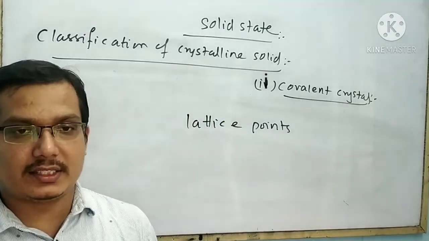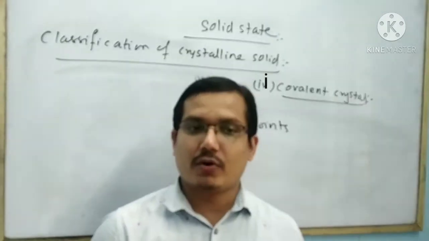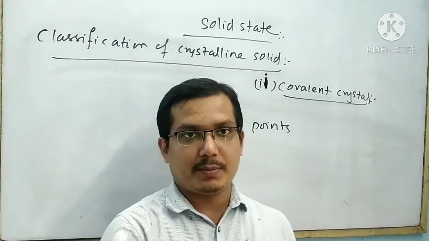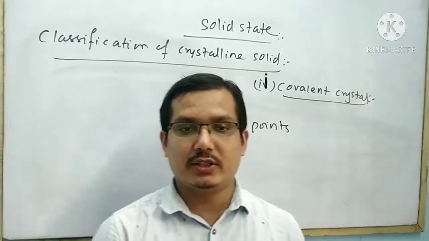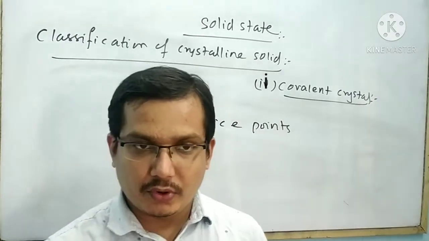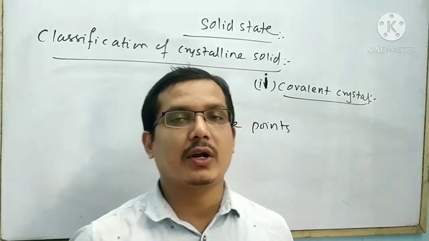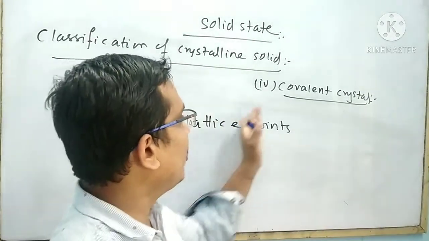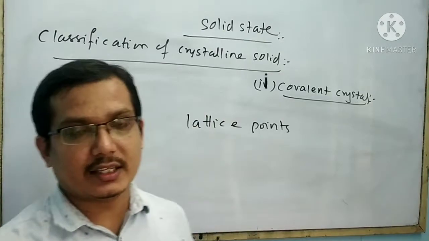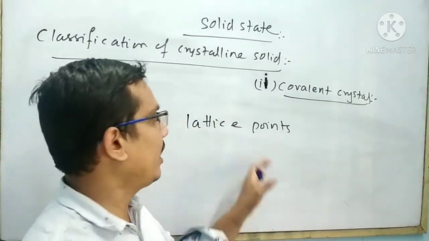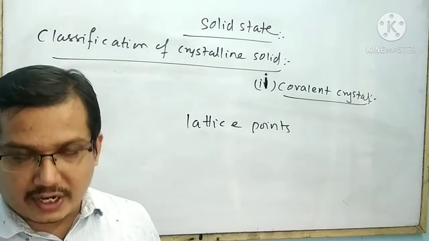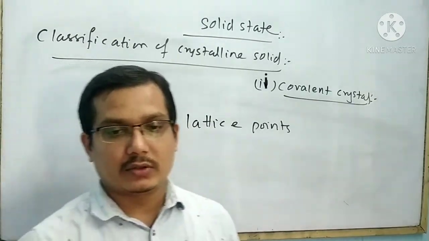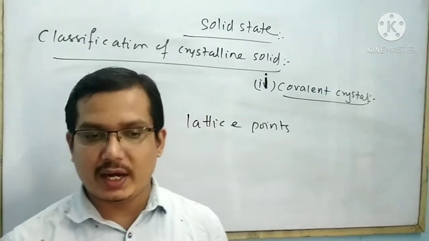In molecular crystal, the lattice points are occupied by small molecules and the force by which the molecules are held together is your weak van der Waals force or hydrogen bond. But in case of covalent crystal, the lattice points are occupied by atoms and the force which connects the atoms is the covalent bond.